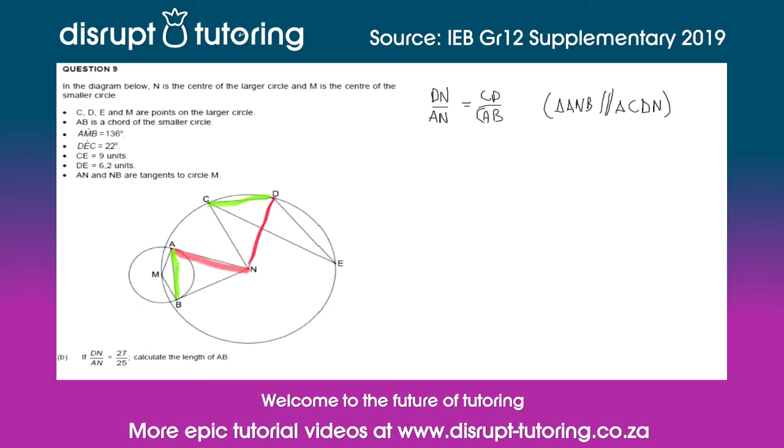So we know we have to solve for this line AB, so we'll need to calculate what this line CD equals. And if I change my highlighter here, we can see in this triangle CDE, we can calculate CD because they've given us two sides and an angle.